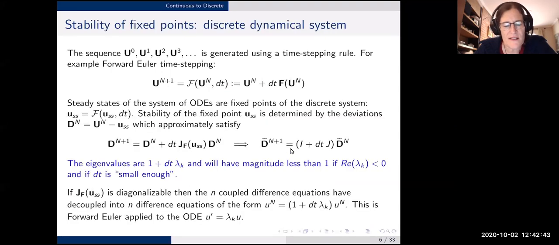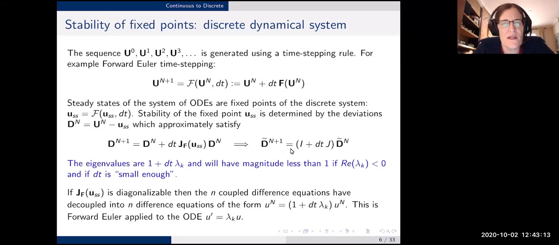You can do the exact same thing for a discrete dynamical system. When you approximate the solution of the ODE using a numerical method, really what you have is a discrete dynamical system. You have something called a time-stepping rule. Given the current value, it gives you a future value, or given the current and a past value, it gives you the future value.